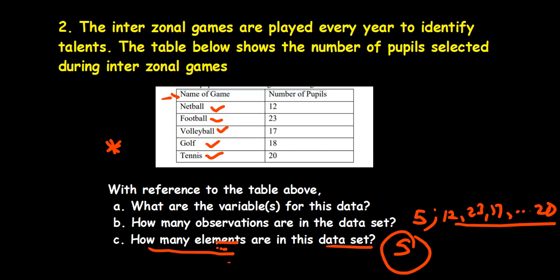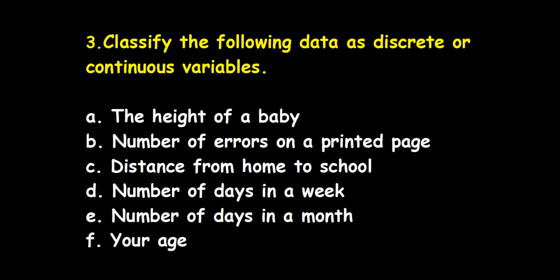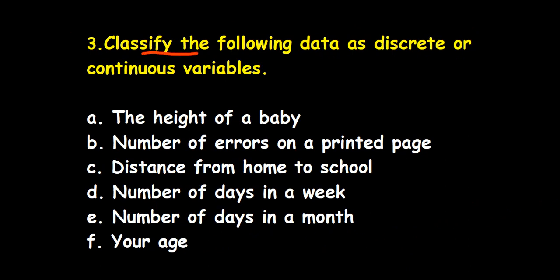Okay, so we go to question 3. They're saying classify the following data as discrete or continuous variables.